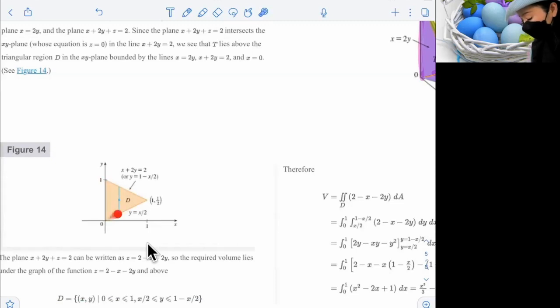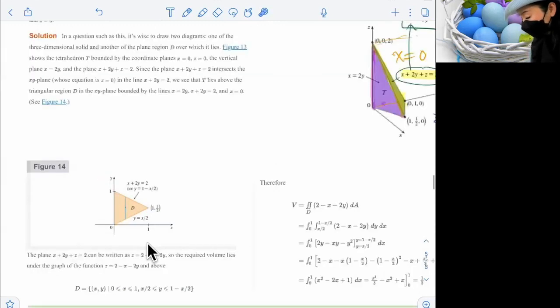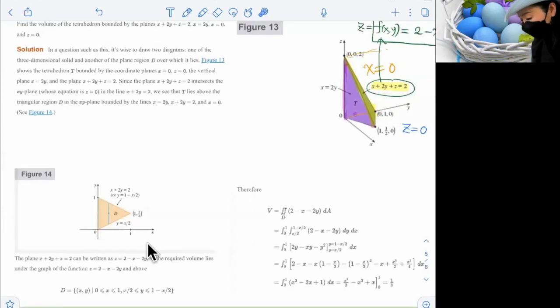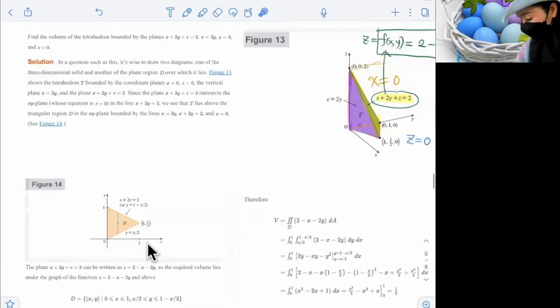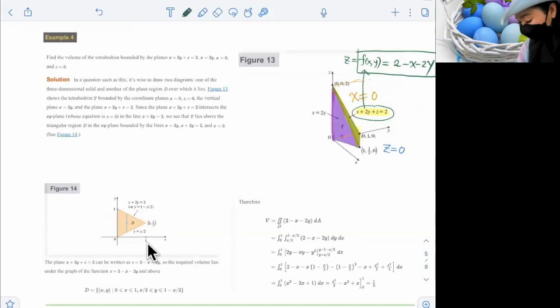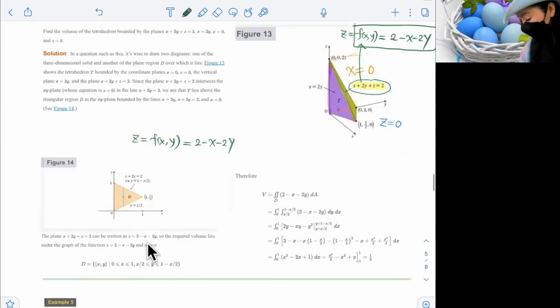So that's the region on this xy plane. You can see right here. And what was the function? So let's put it down. Z is 2 minus x minus 2y. That was the function you're trying to integrate.